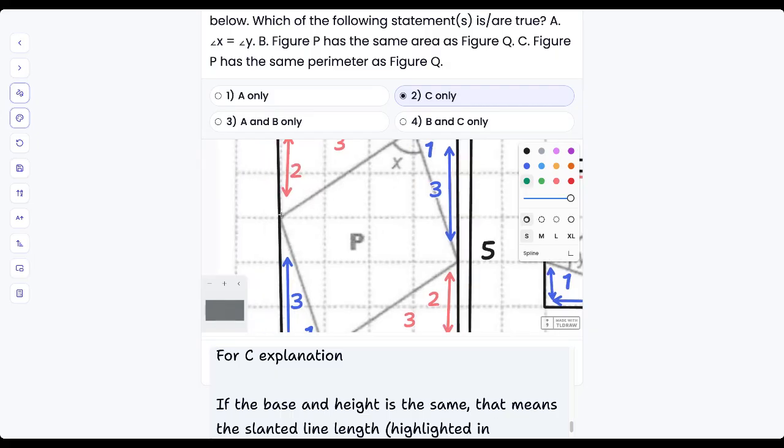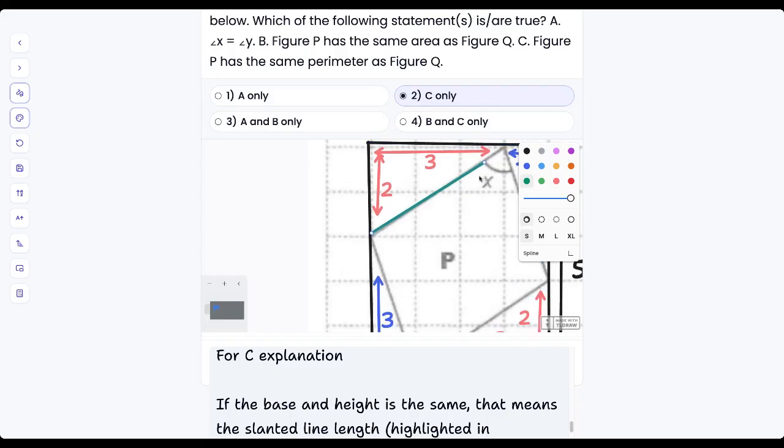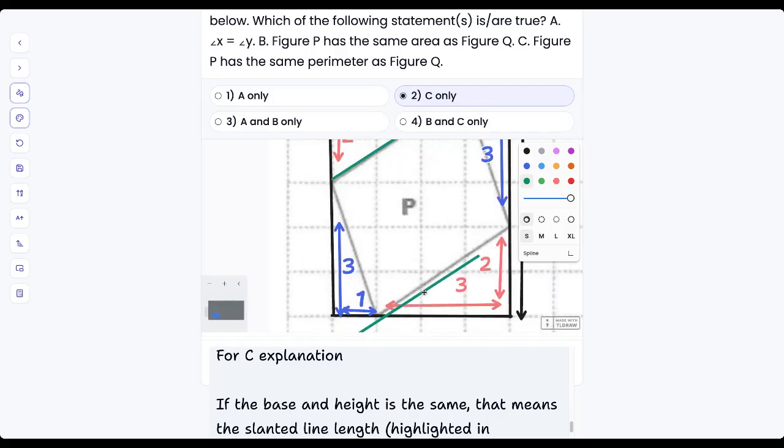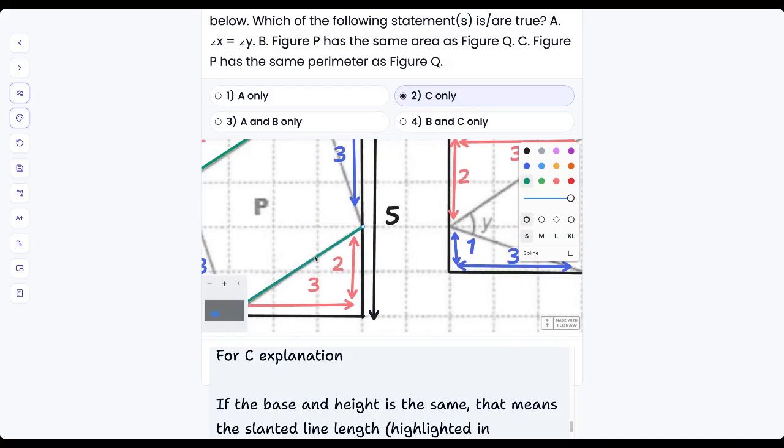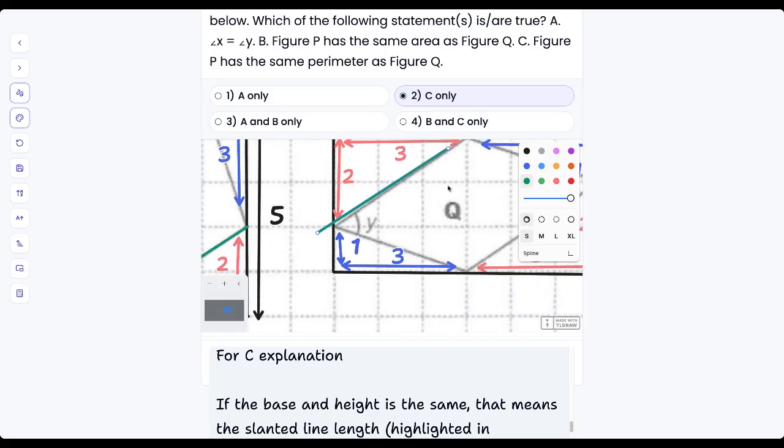So in here, the slanted line is the same, correct or not? Okay, so this is the same. So this is also the same in this case over here. And this is the same over here as well.